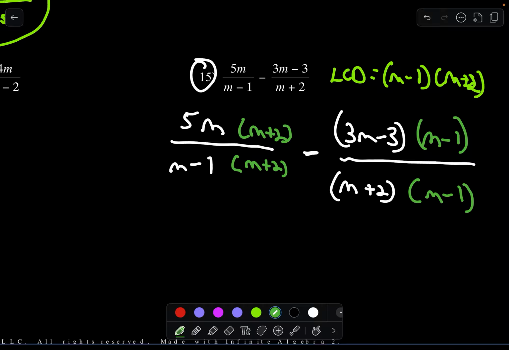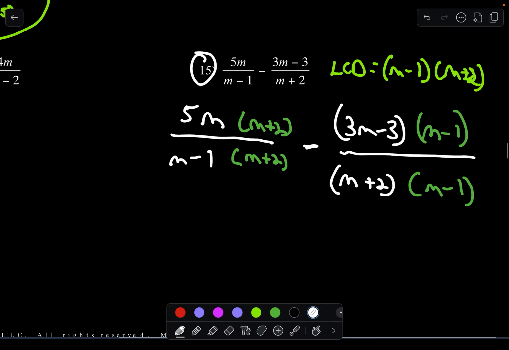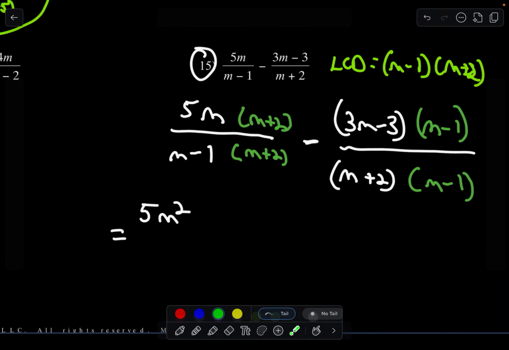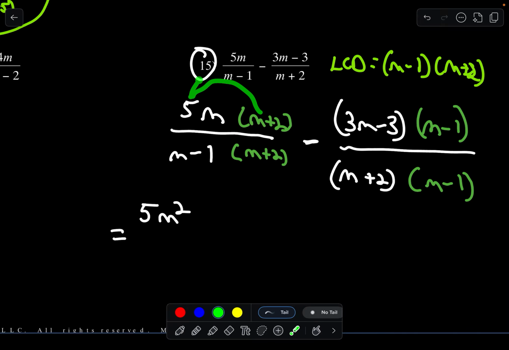Simplify the top, distribute the 5m. That would be 5m squared, because it's 5m times m. And then 5m times 2 is 10m. Now, minus, okay, we have to FOIL this, right? 3m times m is 3m squared, minus 3m minus 3m, which is minus 6m, plus 3.